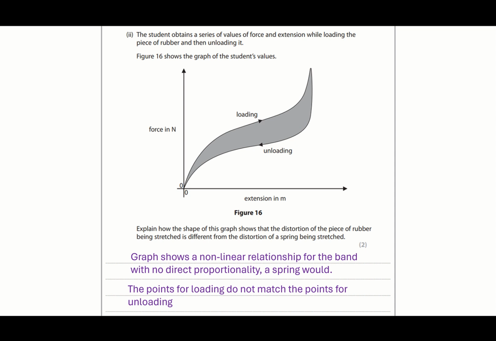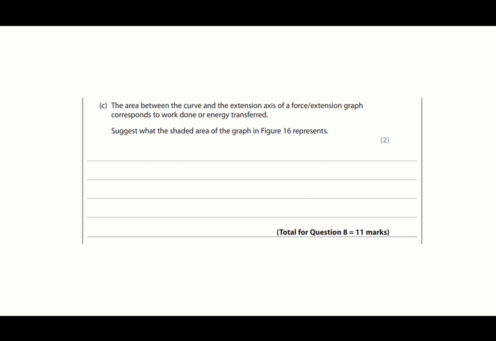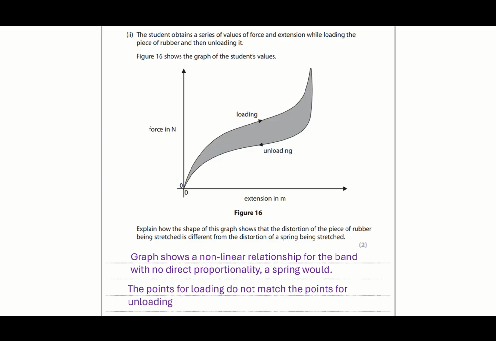Tricky question, actually, that. Next one, the area between the curve and the extension corresponds to the work done. Suggest what the shaded area of the graph represents. So the elastic potential energy of the work done in loading and unloading the band. It's the difference between the loading and the unloading.